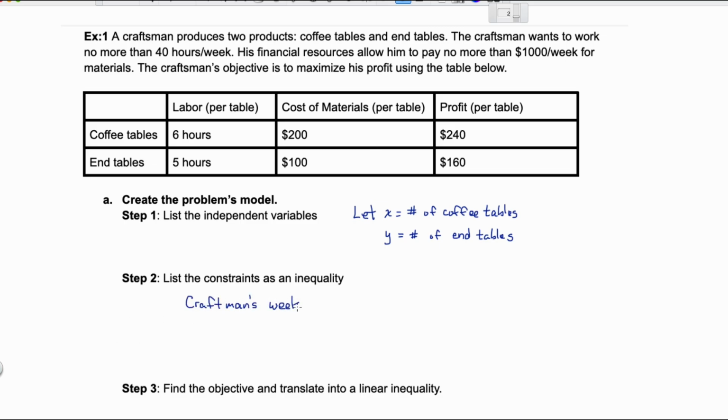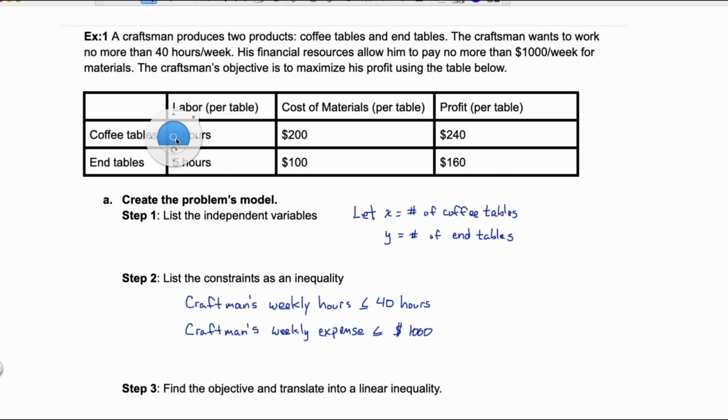Okay, so the craftsman doesn't want to work more than 40 hours. And he doesn't have more than $1,000 a week for his costs, his expenses.